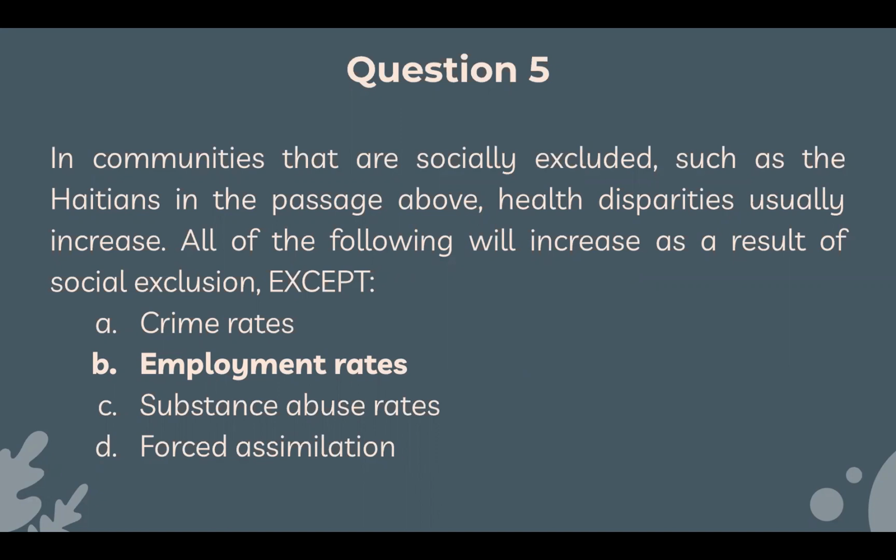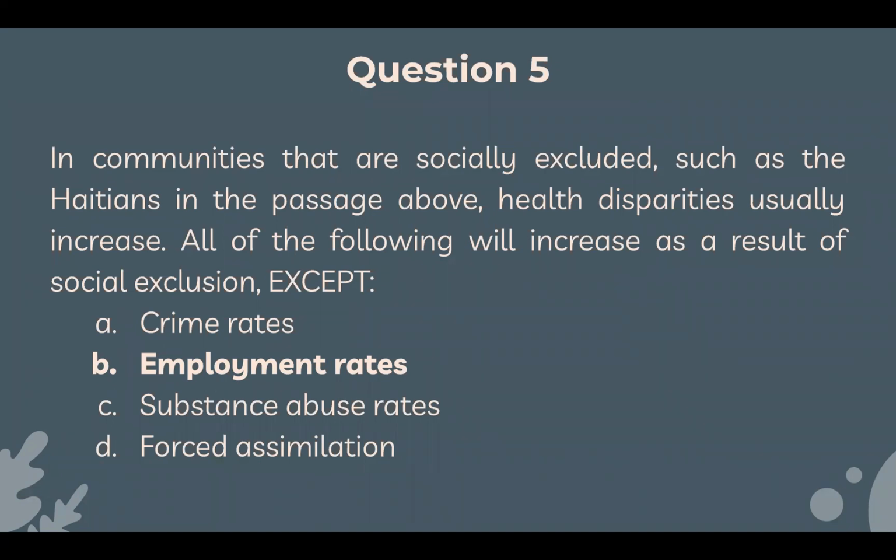Crime rates are correlated with social exclusion because if people can't get formal employment, they'll transition to informal, quote unquote, employment, like theft or prostitution. So A is wrong. C is also wrong because substance abuse rates are likely to go up with social exclusion as a method to cope.